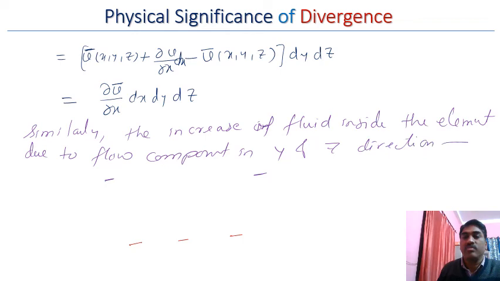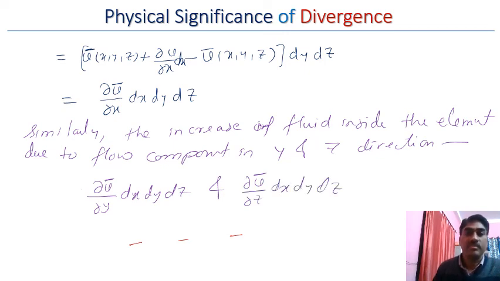Flow component means velocity component. So this will become del v by del y dx dy dz, and del v by del z dx dy dz. So we have seen that these are the component-wise increases.